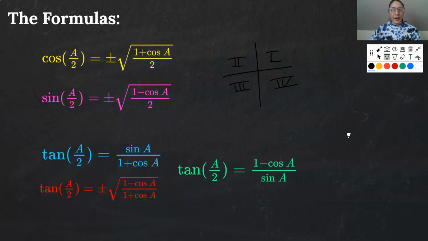Well, if my angle terminates in quadrant 1, then I need to use positive cosine and positive sine. Why? Because cosine and sine are both positive there. If my angle terminates in quadrant 2, like 160, sine here is still positive, but cosine is negative.